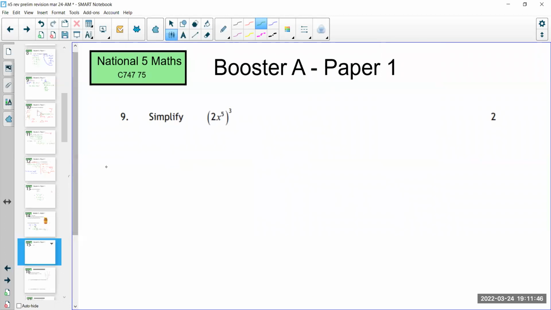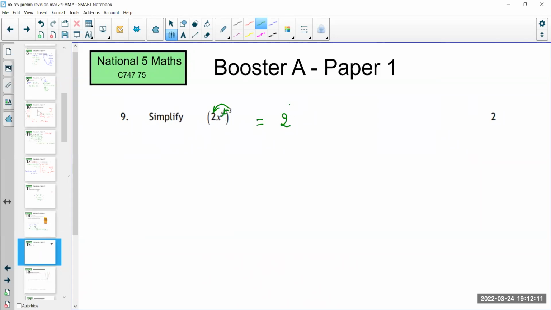Okay, so laws of indices. Whenever you get this, guys, this is what I want you to do from now on. You see that 3? I want you to put an arrow towards this one and an arrow towards this one. The same way you were doing expanding is the same way you should be treating these.